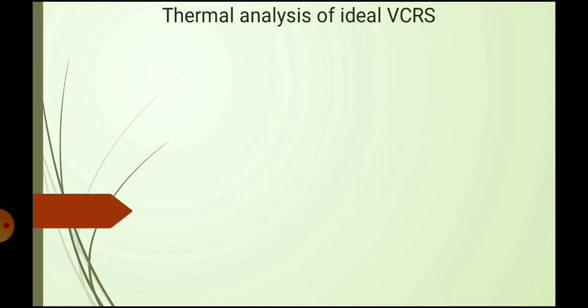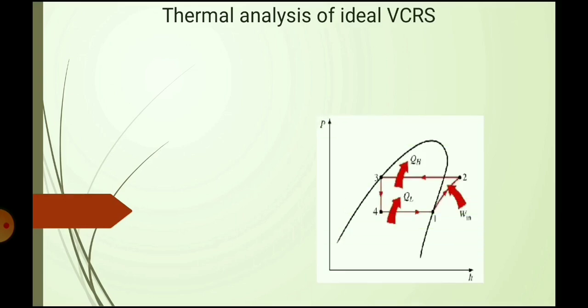Next one is the thermal analysis of ideal VCRS. This is the pH diagram for the ideal VCRS. Why is it ideal? Because point 3 is on the saturated liquid line and point 1 is on the saturated vapor line.